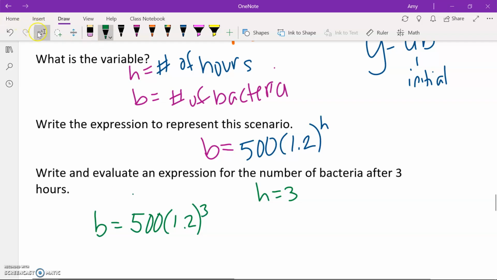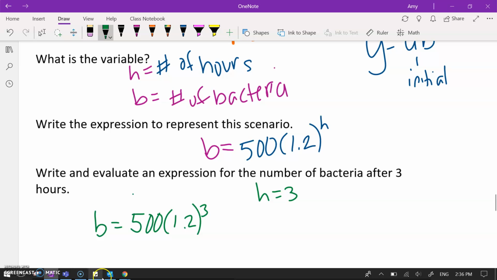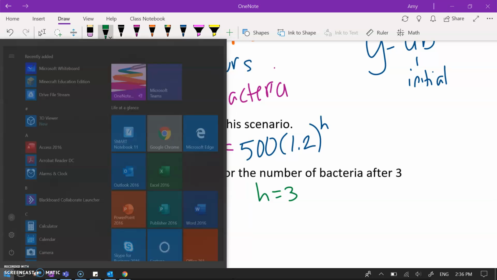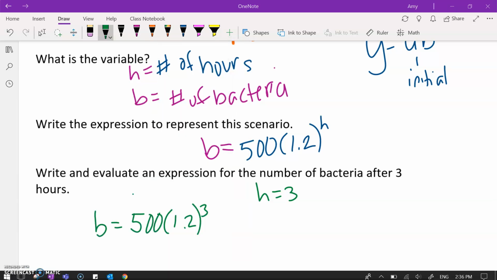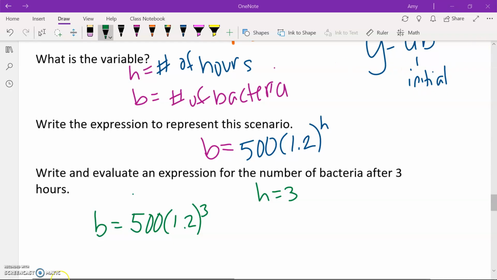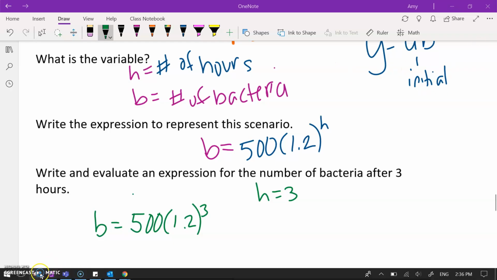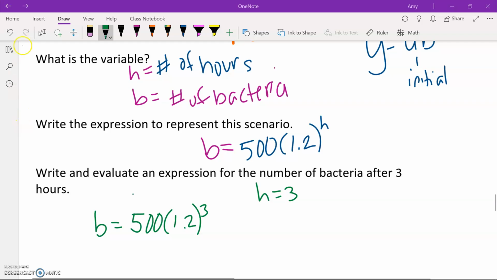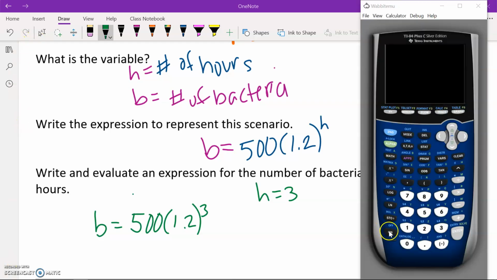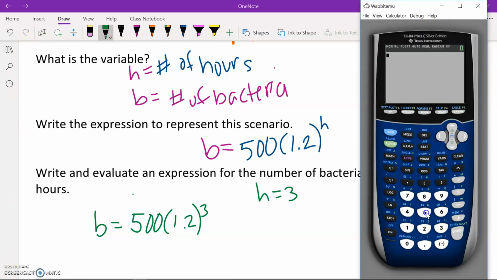To evaluate this, I can take my calculator. So if I take my calculator and turn it on, I can do 500 parentheses 1.2. To do an exponent, I use this little caret button, and I'm going to put an exponent of 3.